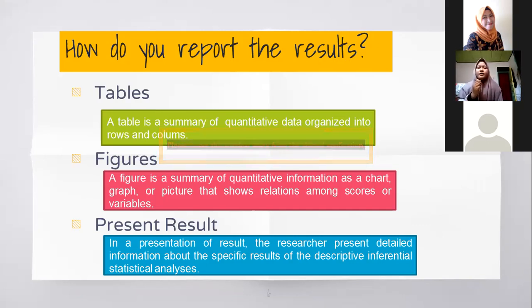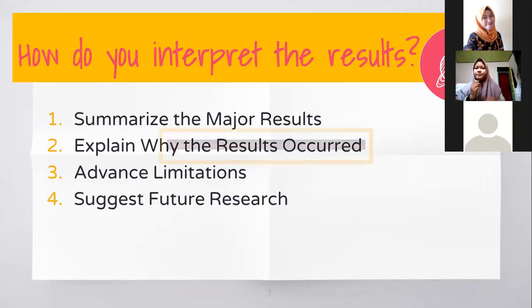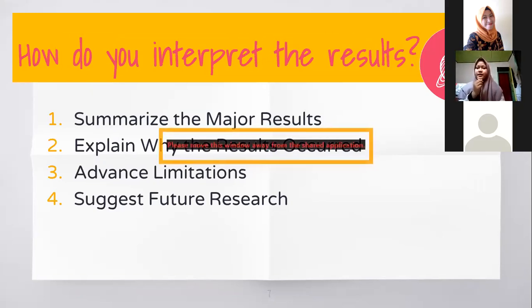And the next, how do you interpret the results? There are four steps to interpret the results. The first, summarize the major results. A summary is a statement that reveals the major conclusion to each of the research questions or hypotheses.